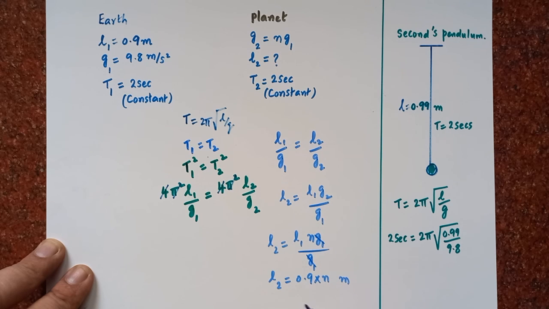So this is the answer. The length of the second pendulum on the other planet is how much? 0.9 times n, that is the value of L2. So the answer is given in the first option, option A. That is the answer.